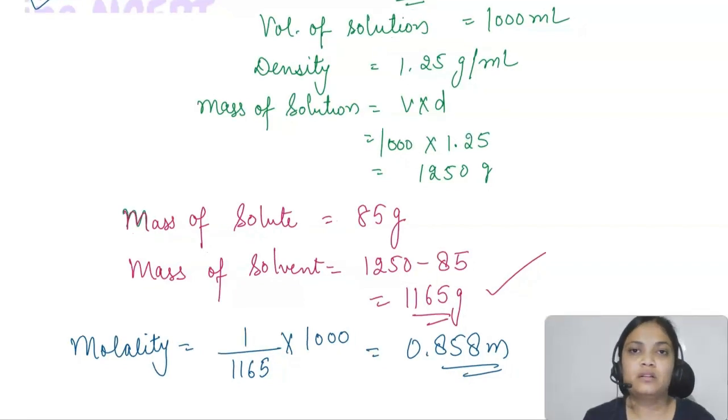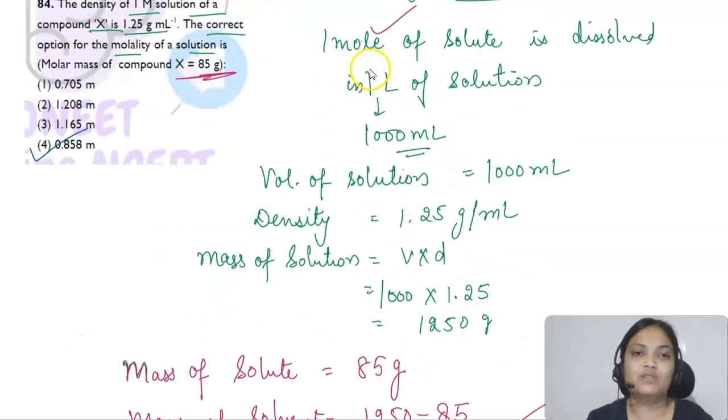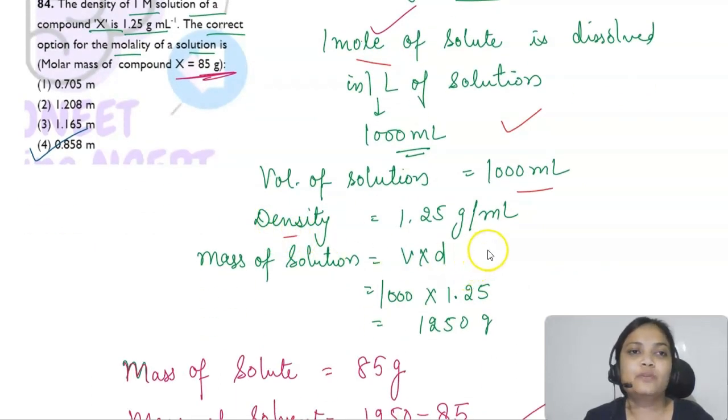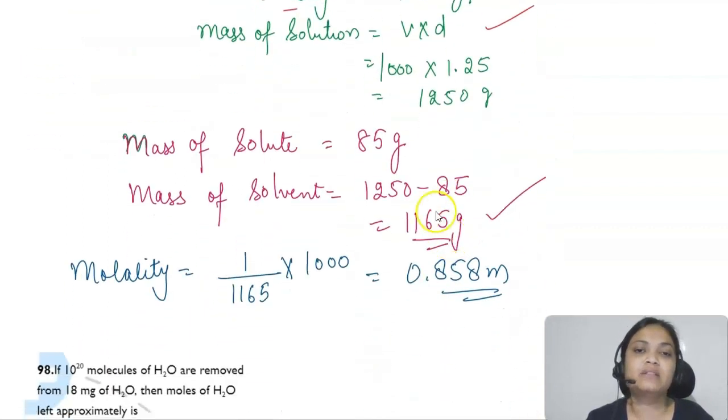Okay. So students, this question was important because the molarity and molality concept is present in the chapter solutions as well. Okay, so from here firstly molarity was given. From there I calculated the number of moles as well as the volume. So density was given. From there we calculated the mass of the solution. So when we calculated the mass, we need to find out the mass of solvent and then we will calculate the molality.